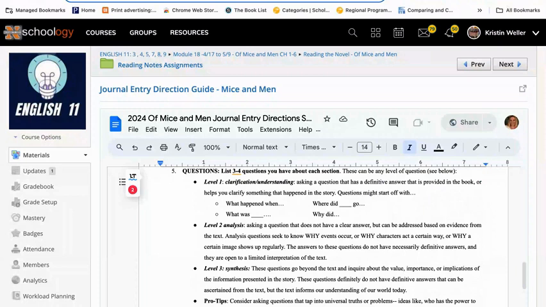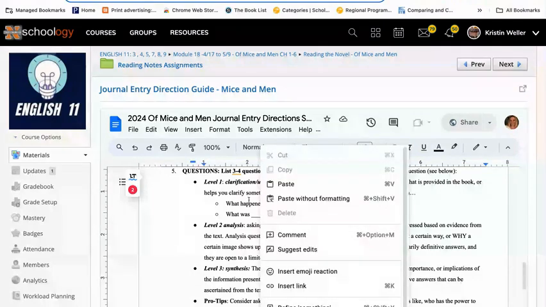A lot of times these questions will start with like, what did or where did, like, what happened when the men first entered the scene, or where did the men go when they first entered the scene. There you would be able to go into the book and identify a specific response to each of those styles of questions. You're only going to write one of these. These are the easiest types of questions to write.